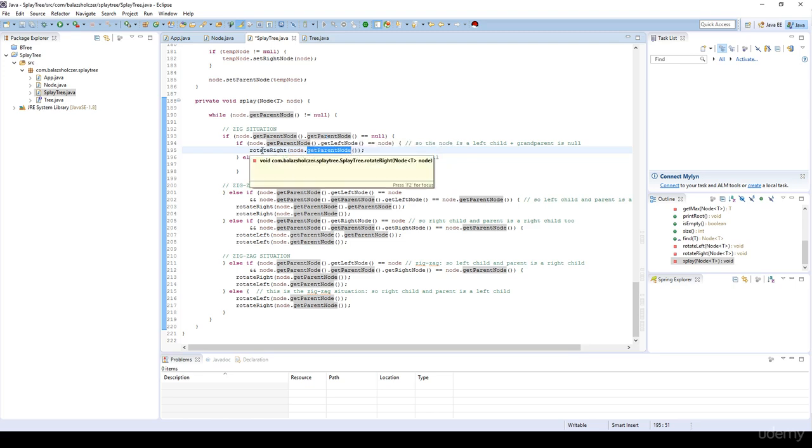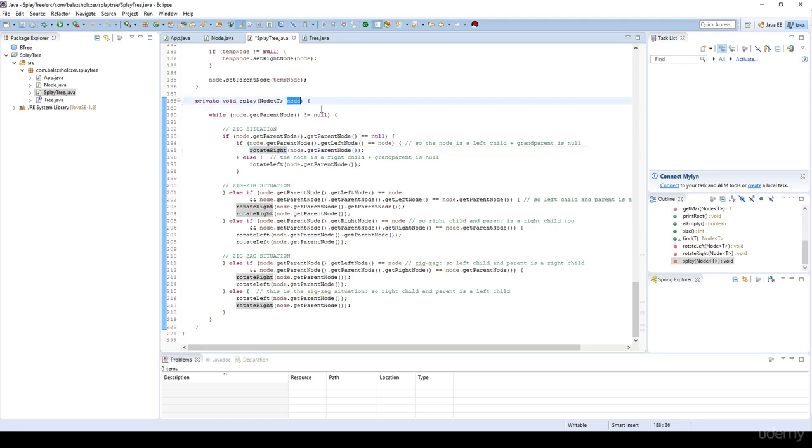And if we make a simple right rotation, then this node is going to be the root node. This is the aim of splaying. This is what we are after. Else we know that the node is the right child of the root node and the grandparent is null, so we just have to make a simple left rotation on the node's getParent node, which is the root node in this case. This is the zig situation as we have discussed in the theoretical section.